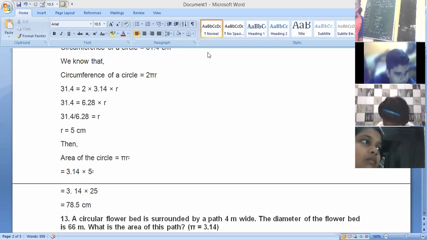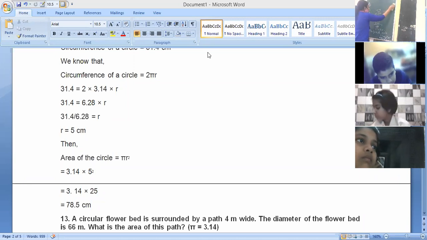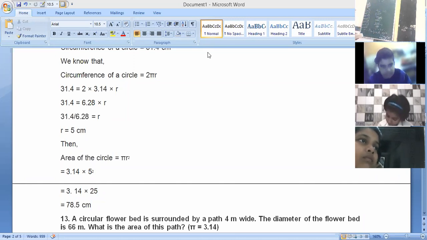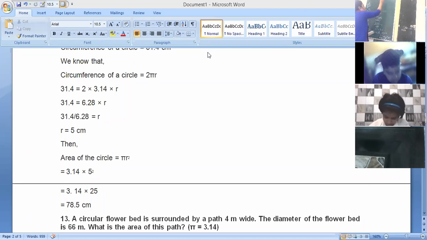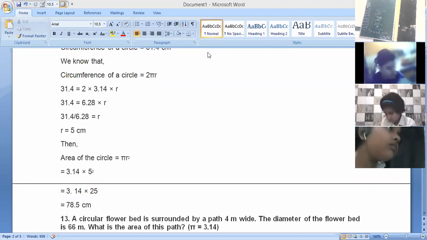Yes, there is a circular flower bed, and the circular flower bed is surrounded by a path. This is called a path, which surrounds it, and this path is 4 meters wide.